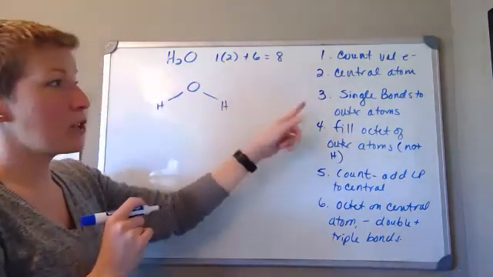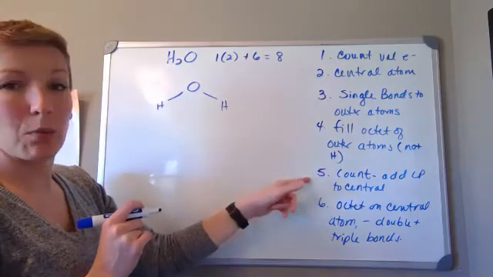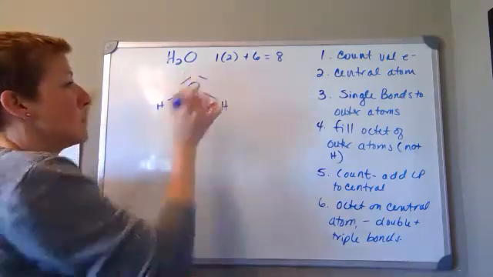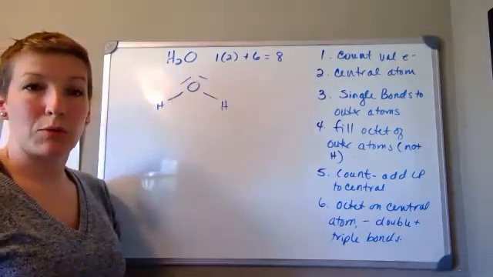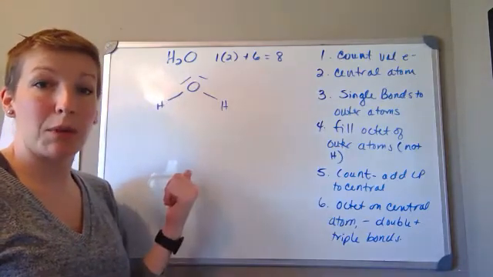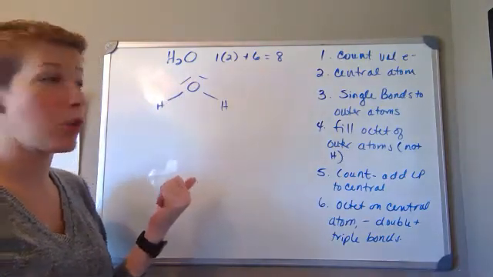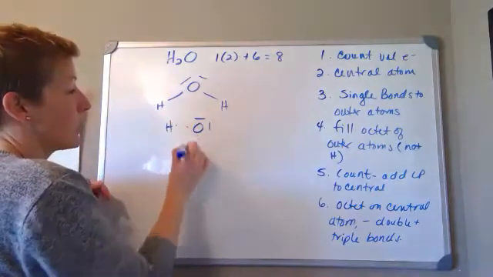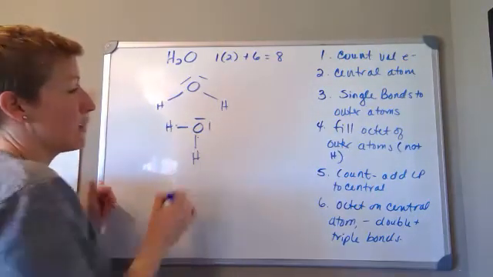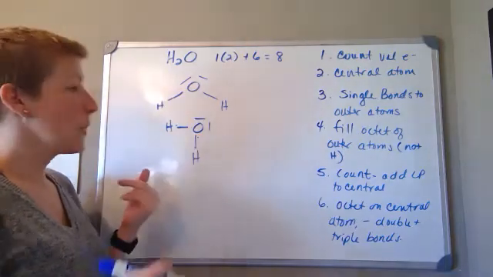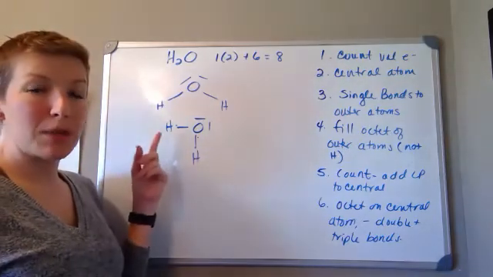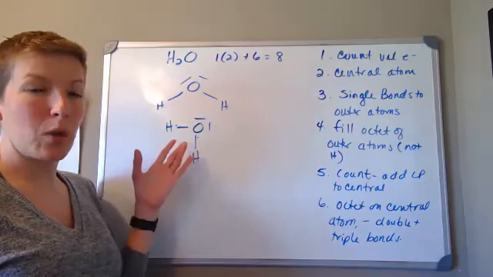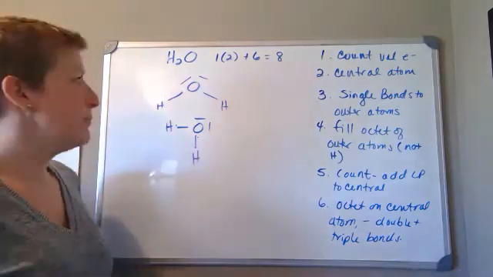Well, the only way to do that is to add lone pairs to the central atom, and that's what water looks like, and I'm sure you all have seen that. This would have been apparent also from just the Lewis structure. Oxygen looks like that, and hydrogens look like that, and voila, we have the same structure. We're going to talk about the shapes of these atoms and why I'm drawing them certain ways next time.